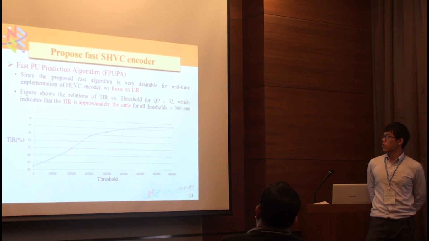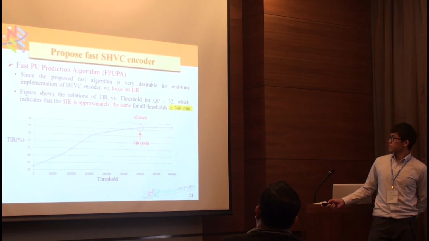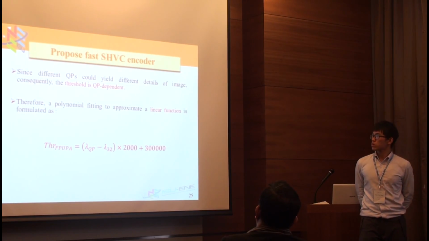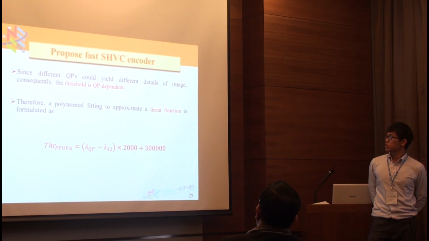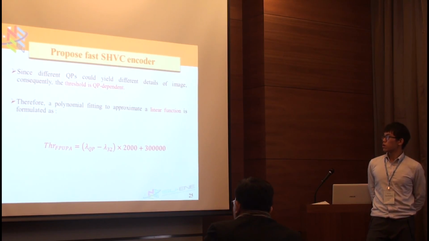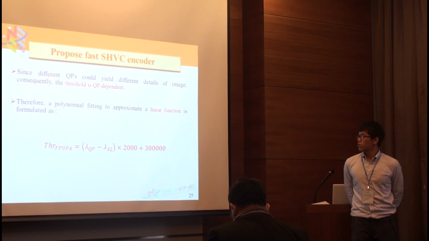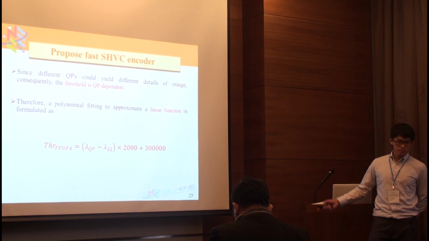The figure shows the relation of the TIR versus threshold for QP equal to 32, which indicates that the TIR is approximately the same for all thresholds greater than or equal to 300,000. Since different QPs yield different image detail, the threshold is QP dependent. Therefore, a polynomial fitting to approximate a linear function is formulated as follows.